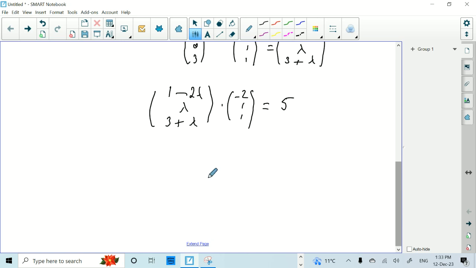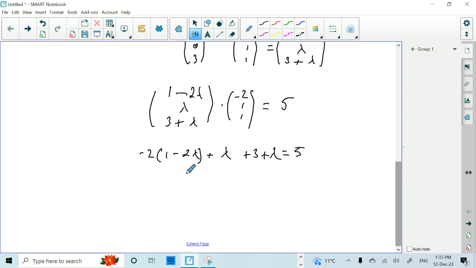So now we have to multiply out, and I get minus 2 times 1 minus 2 lambda. Well, I better write it out so that you know what I'm doing. 1 minus 2 lambda, and then of course plus 1 times lambda, and then plus 1 times 3 plus lambda, and that's all equal to 5.